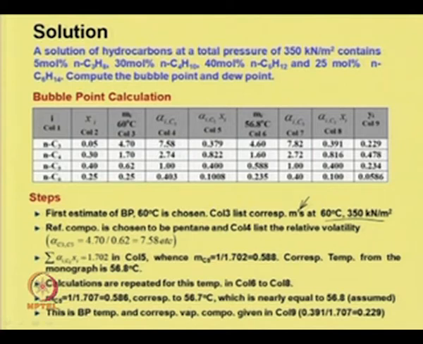And when this temperature matches the assumed temperature, it is known as the bubble point temperature, and the corresponding vapor compositions are given in column number 9. So, the last column corresponds to the vapor composition.